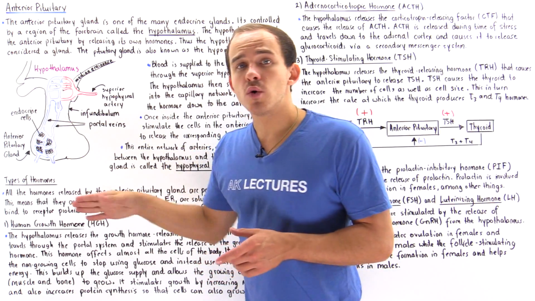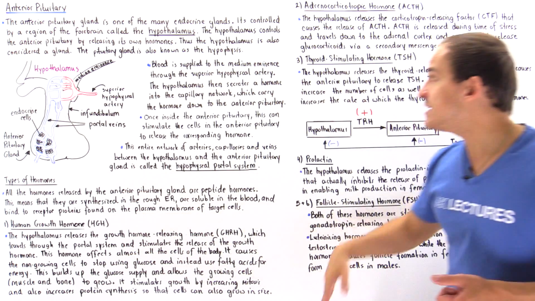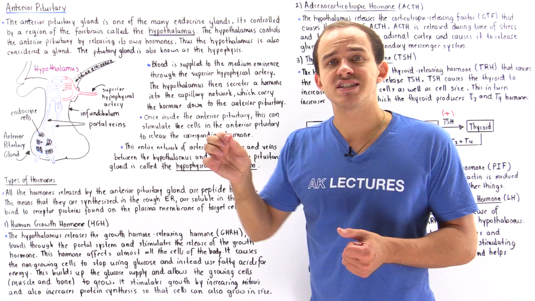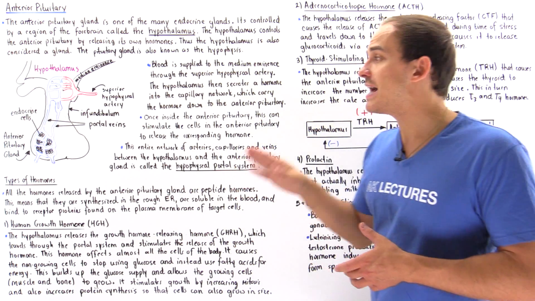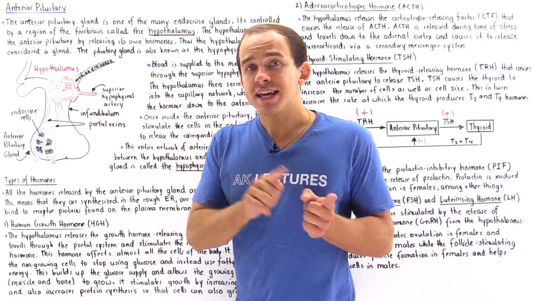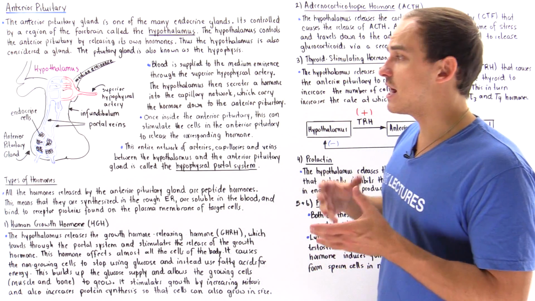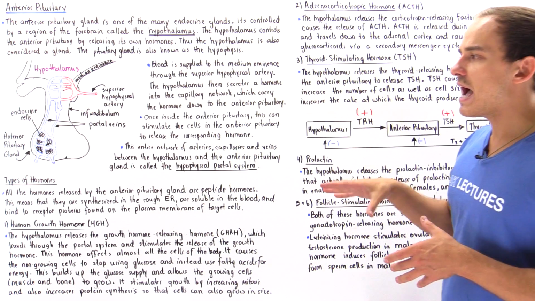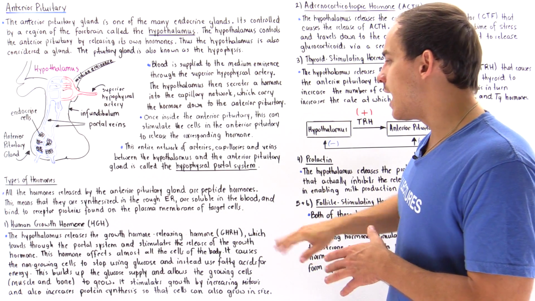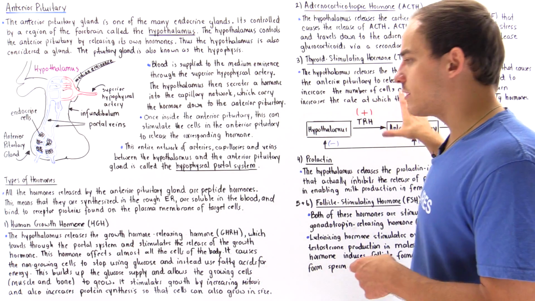And once they locate the target cells, these 6 hormones all bind to receptor proteins found on the plasma membrane of the target cells. Because they can't actually pass across the cell membrane of the target cell, they have to bind to the surface of the plasma membrane of the target cells. So let's discuss each one of these hormones.